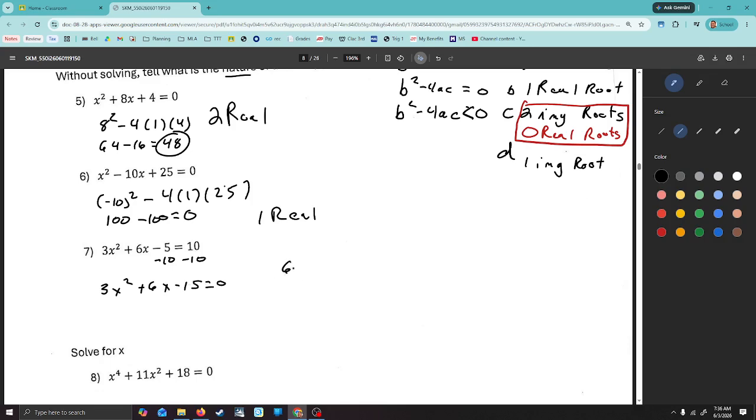So now I do 6 squared minus 4 times 3 times negative 15. So that's 36 plus... Well, I know this is going to be plus something, so who cares? Because this is going to be a positive number. So I know this is going to be 2 real roots. Remember, it has to equal 0 before you start.